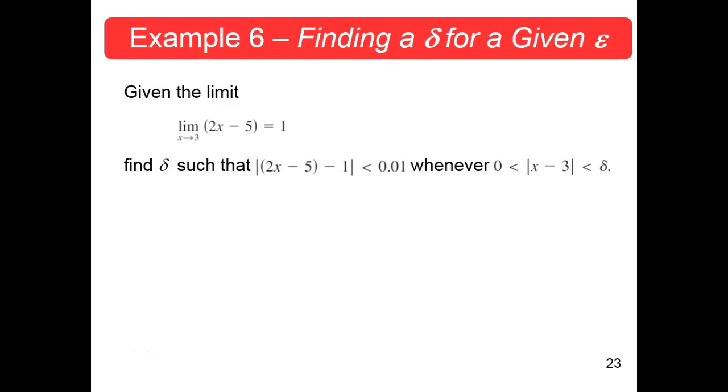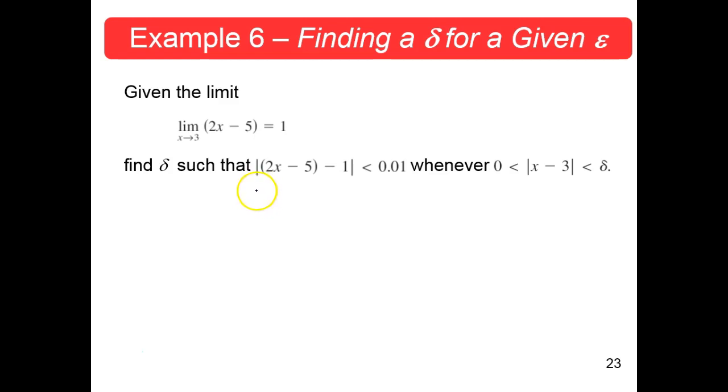Now, you're looking for a delta. So, guess what we're going to do, folks? We're going to monkey with this and see if we can get it to look like that. That's not a very formal math definition, monkey with it, but let's see what we can do.